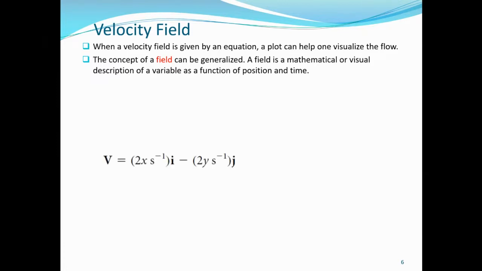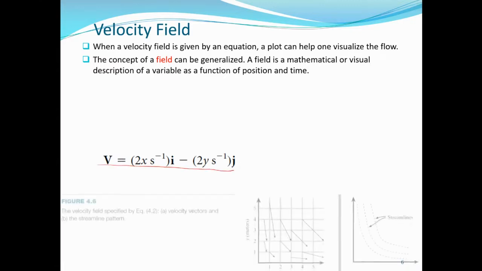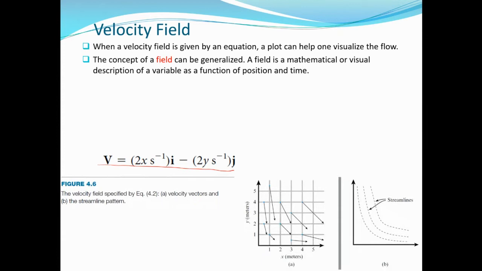Now, this is the velocity field that we have worked with in the previous example. Then we can visualize the field using the velocity vectors and the streamline pattern. With this velocity field, we can plot it on x and y axes by choosing some values of x and y and then plotting the points.